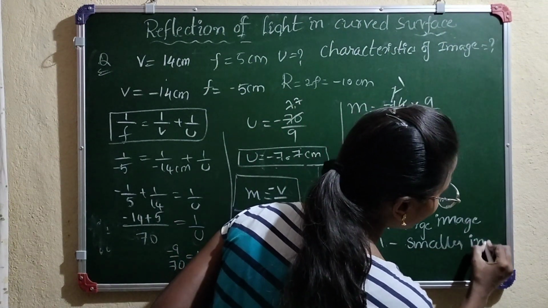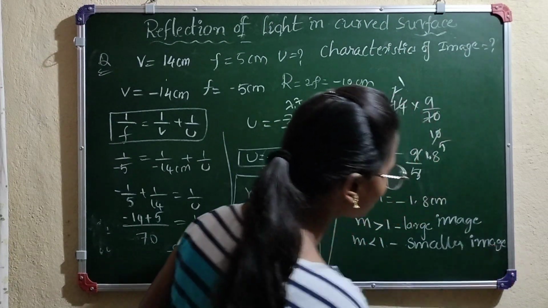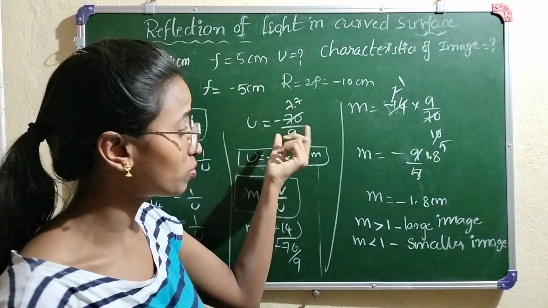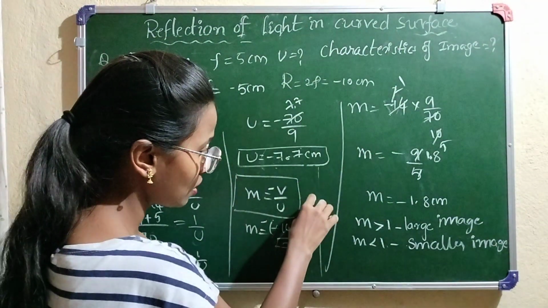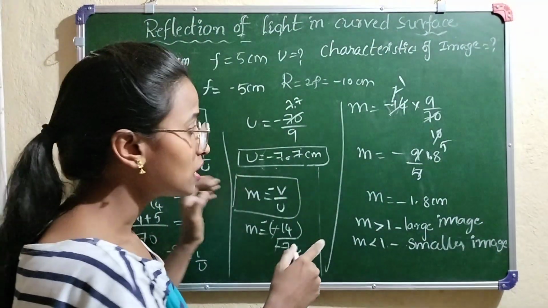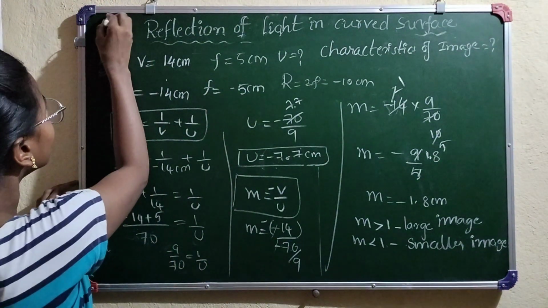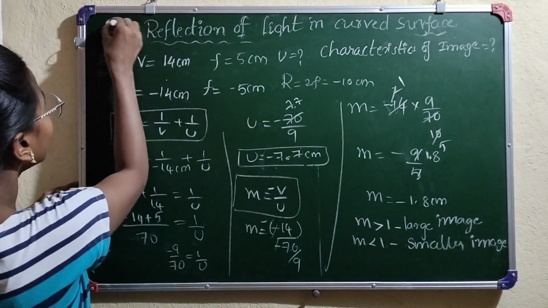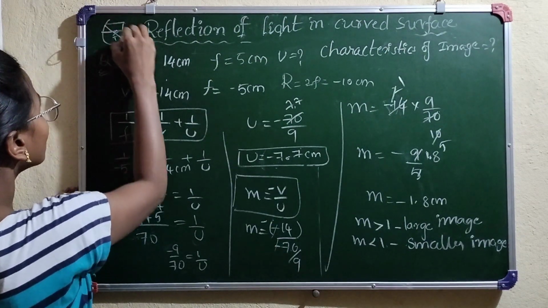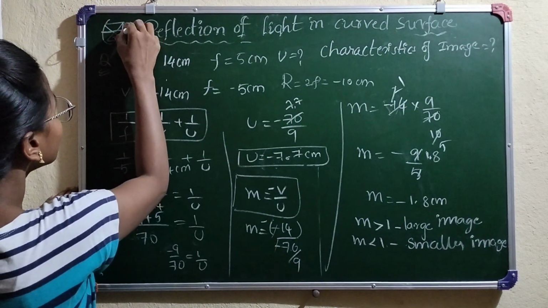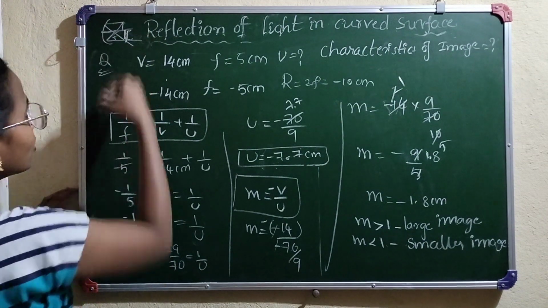But here it is greater than 1, that is the reason a large image will be formed when the image is formed beyond C. If you observe, I'll draw later. If you take a concave mirror like this and keep the object between F and C, the image will be formed beyond C, larger than the object.